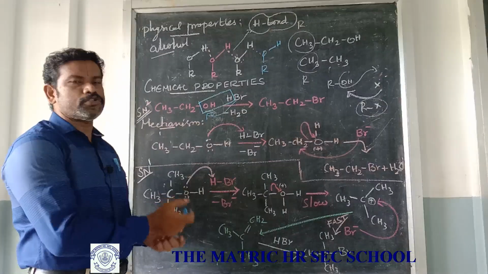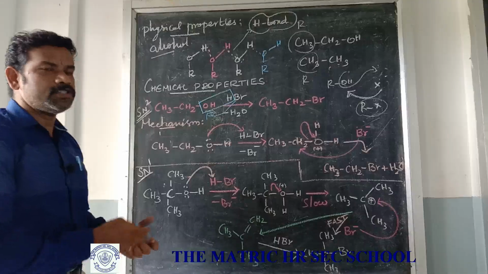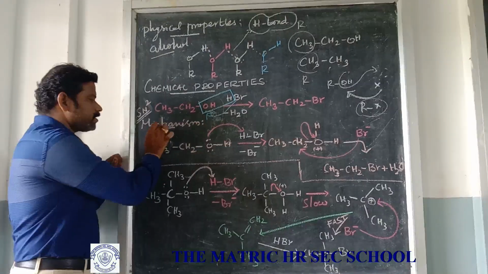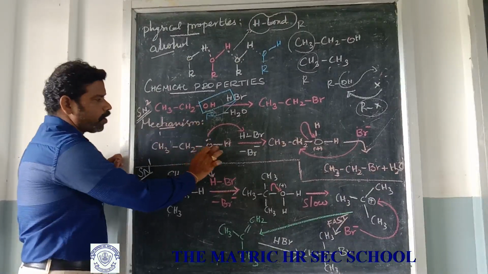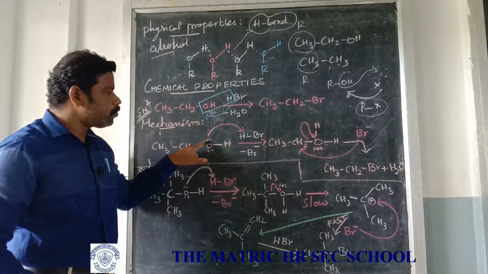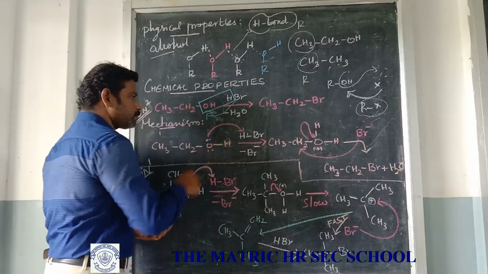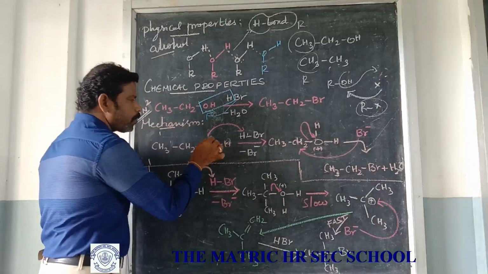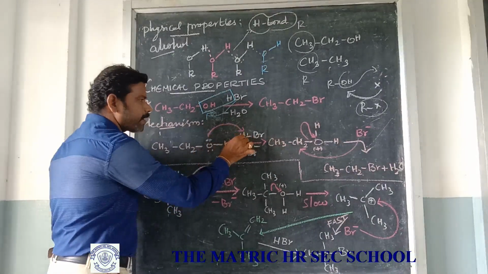So how is it possible? What is the mechanism followed by this reaction? Very simple mechanism. I will take ethanol, CH3CH2OH. The oxygen has two lone pairs of electrons, as you already know. I take this lone pair of electrons and add hydrogen bromide. One lone pair of electrons of the oxygen is donated to the hydrogen.